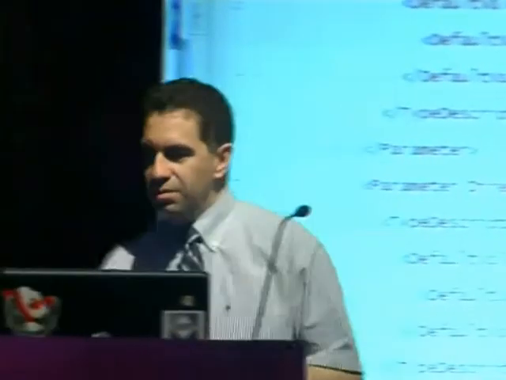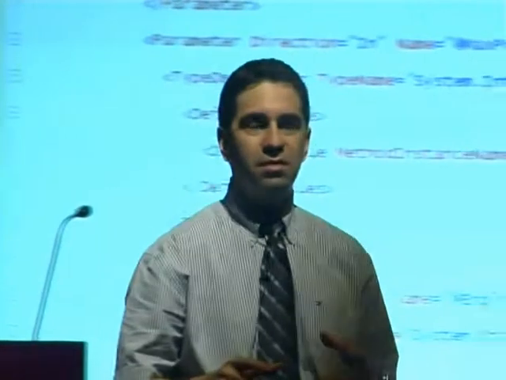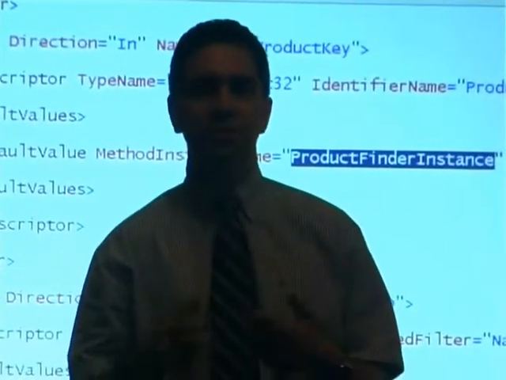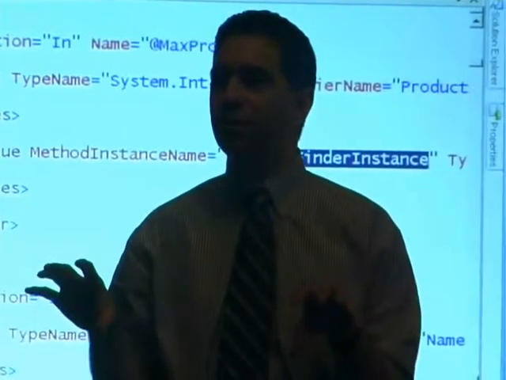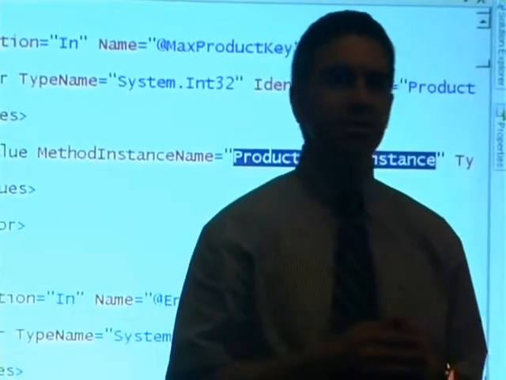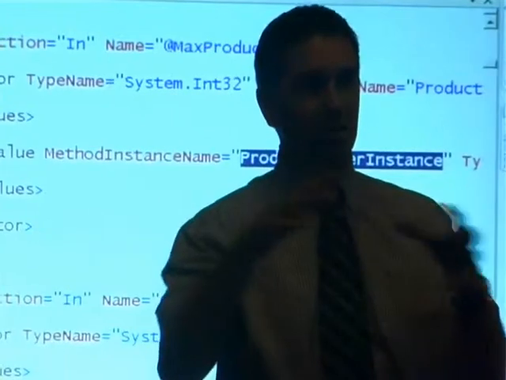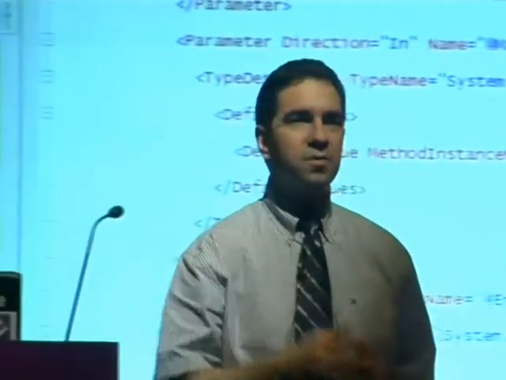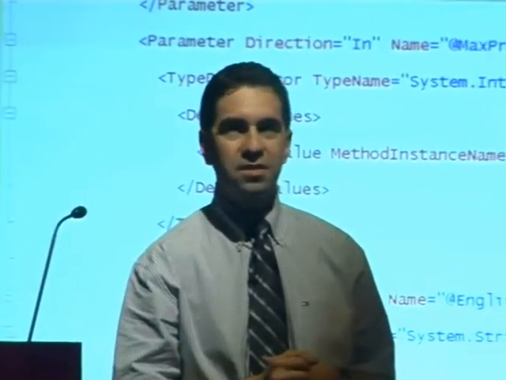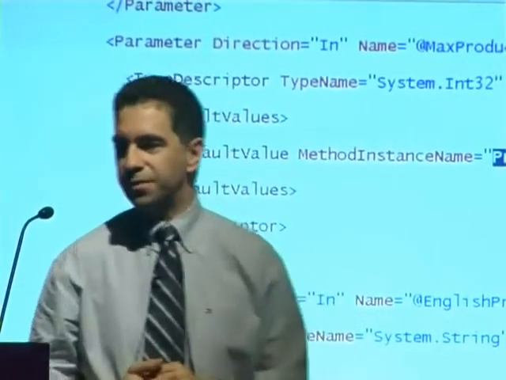Then later on, we'll see mention of a product-specific finder. The specific finder's purpose is to take the primary key and return back to me all the values for one single row. Okay? So the finder is geared towards returning rows and columns from a query. And then the specific finder is meant to take the identifier and return one specific row.